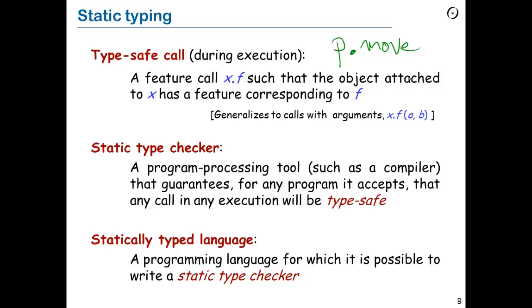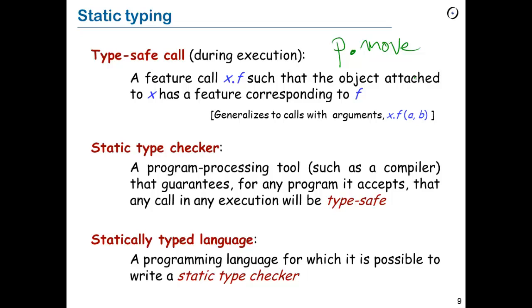But if the language is statically typed, then it means that if the compiler accepts this call, then it gives you a guarantee, a promise, that for the object attached to p at runtime, there will be an operation called move. So p could be a person. Well, in the class person, there's going to be a feature move. p could be a tram. Same thing. In the class tram, there will be a feature move.